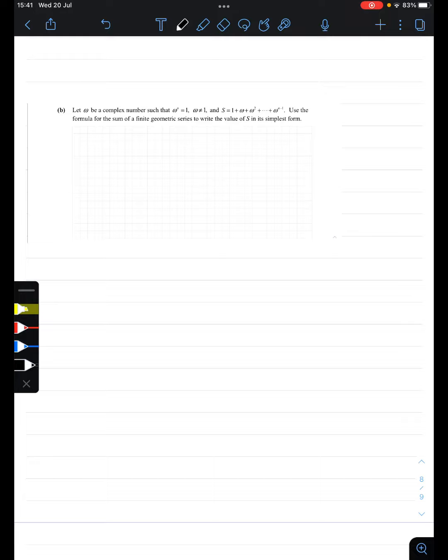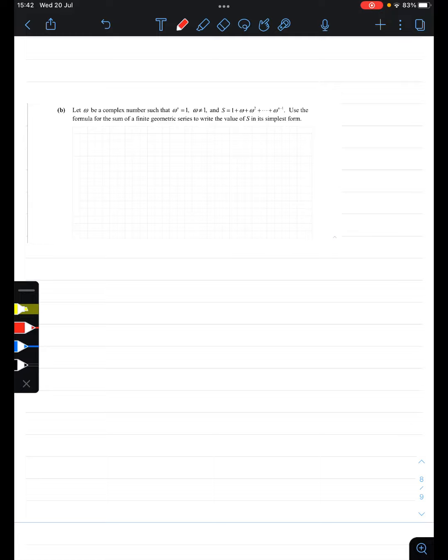Alright, so now we're on to part B of this question. Let omega be a complex number such that omega to the n is 1, and omega does not equal 1, and s equals 1 plus omega plus omega squared plus ... plus omega to the n minus 1. Use the formula for the sum of a finite geometric series to write the value of s in its simplest form. Okay, so first things first, what is the information giving us?